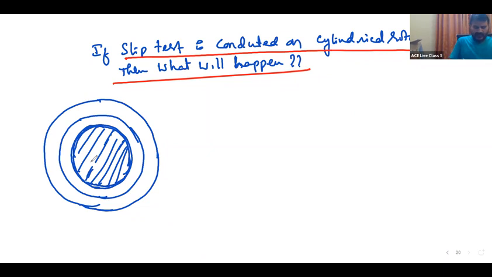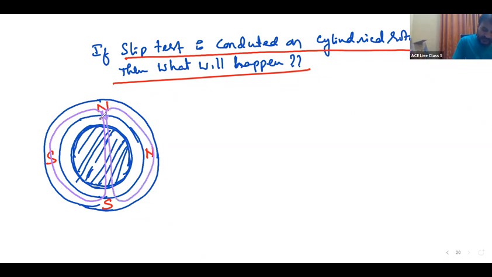Now the armature poles, wherever they may be. For example, armature poles are here along the direct axis, north and south pole, along the quadrature axis also. The flux goes from north to south, taking a path like this. So it finds the same area everywhere.